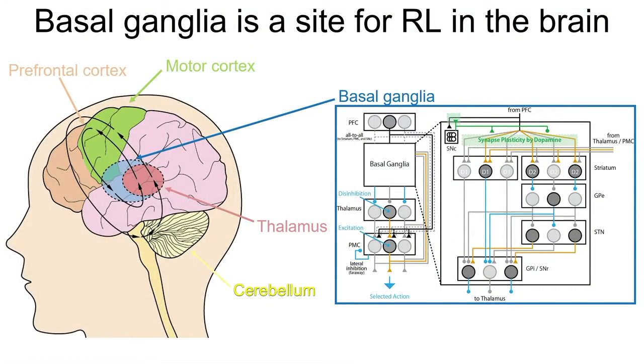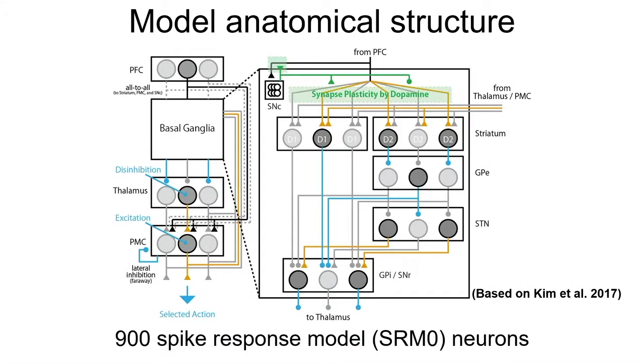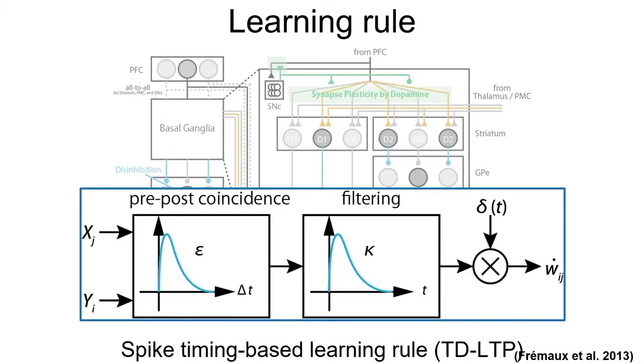And the learning is more important for the basal ganglia model. We employed the spike-based temporal difference long-term potentiation rule, which was basically developed in Fremaux's paper in 2013. And we employed this synaptic learning rule for corticostriatal synaptic inputs.